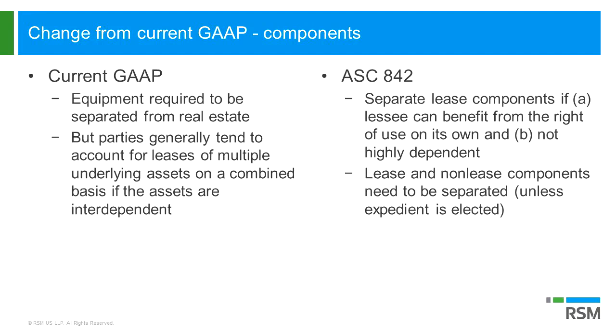Under 842, separate lease components are required if a lessee can benefit from the right of use on its own and the assets are not highly dependent on one another. Again, under 842, lease and non-lease components need to be separated, unless the expedient is elected, as we previously discussed.